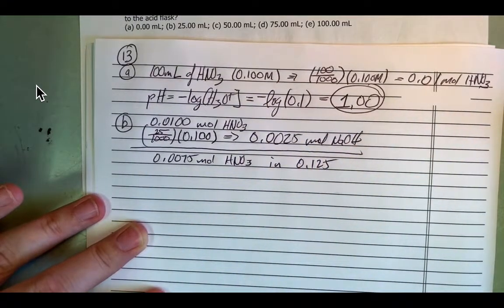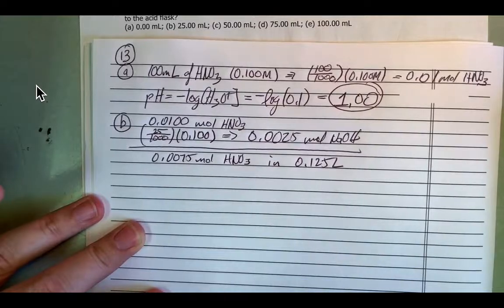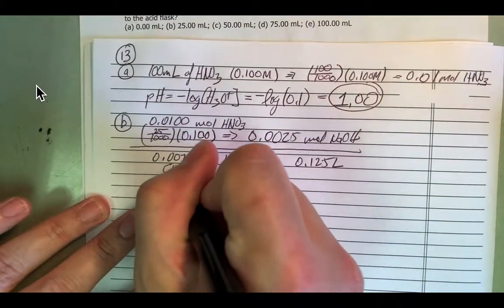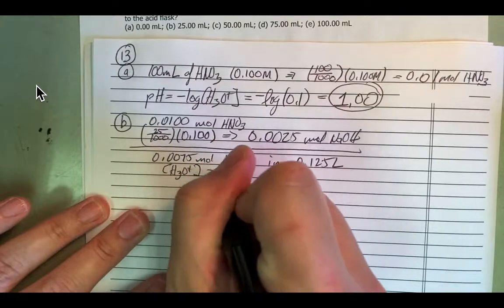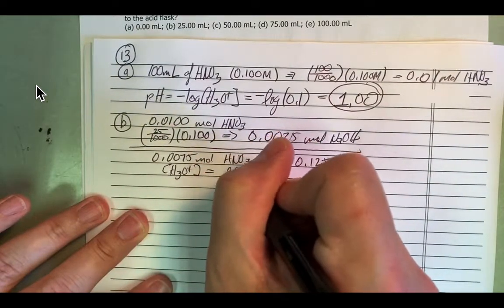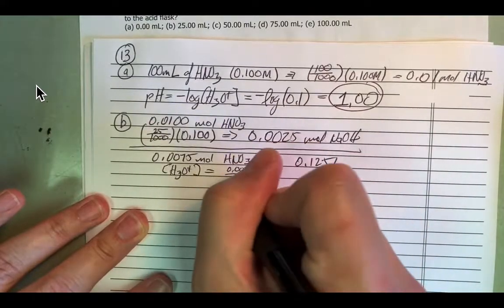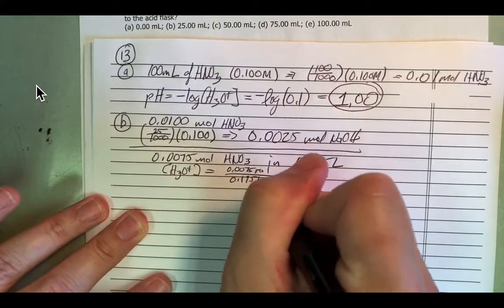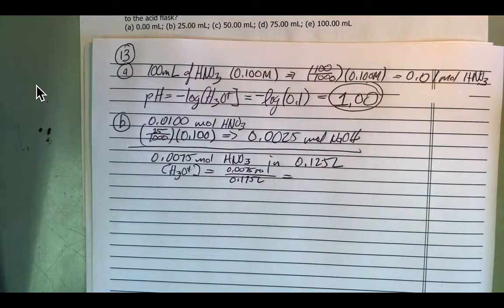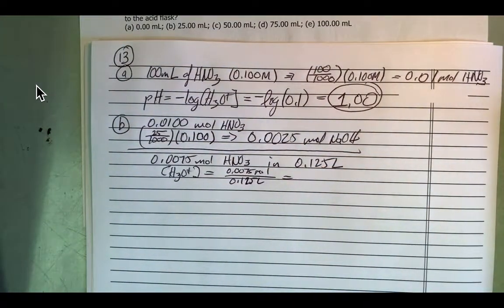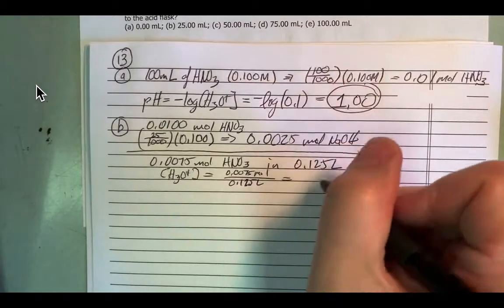and it's currently in 125 milliliters. I'm going to go ahead and make that into liters because I'm going to need a concentration again. Concentration of H3O plus is 0.0075 moles in 0.125 liters.